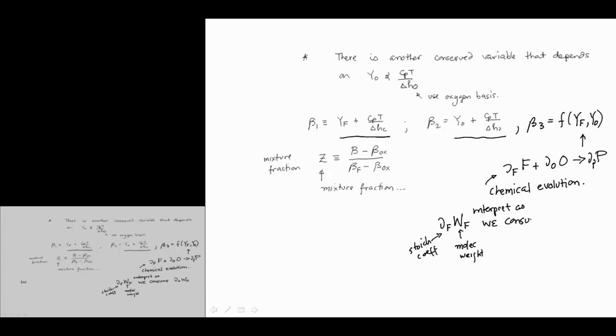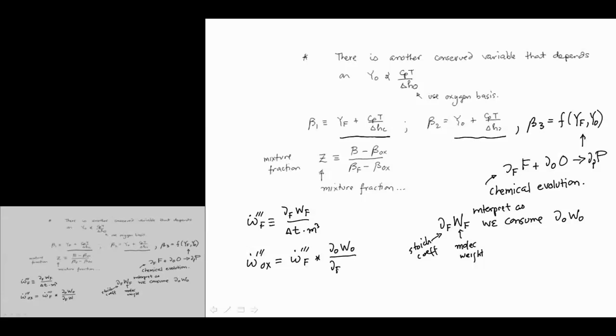So when we talk about W triple prime fuel, which is, again, the mass of fuel consumed over some time and within some volume, we can relate this to the consumption of oxygen as this mass fraction of fuel times the amount of oxygen consumed when we consume a certain amount of fuel.